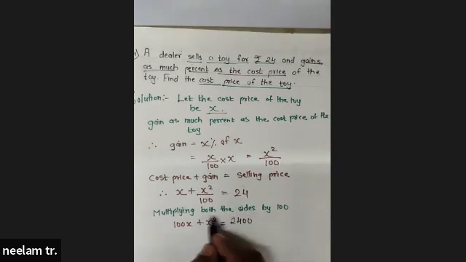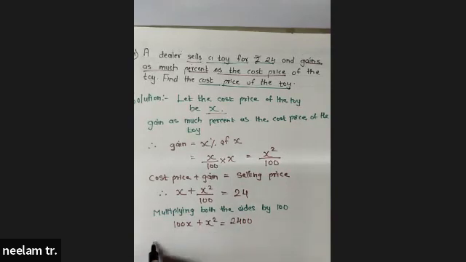Now bring this 2400 to the left hand side to make it a quadratic equation.